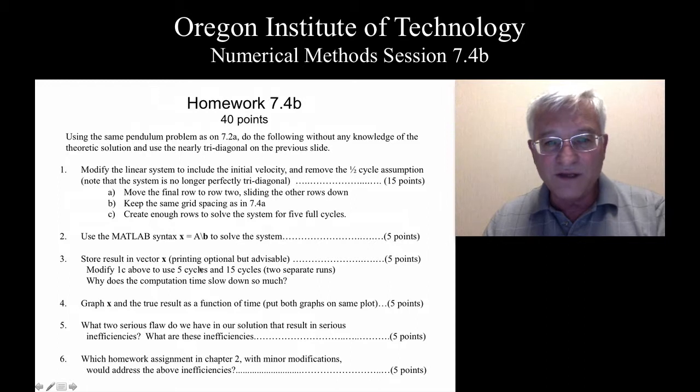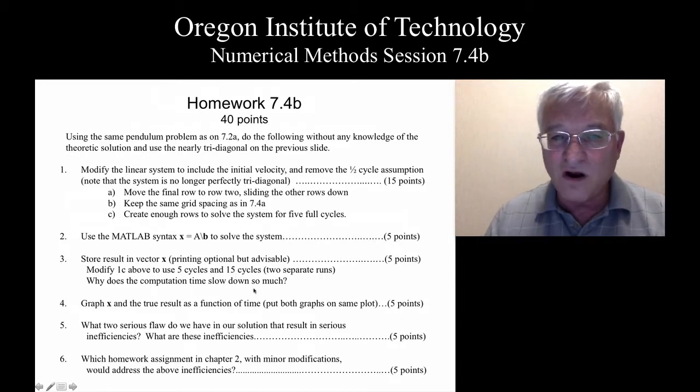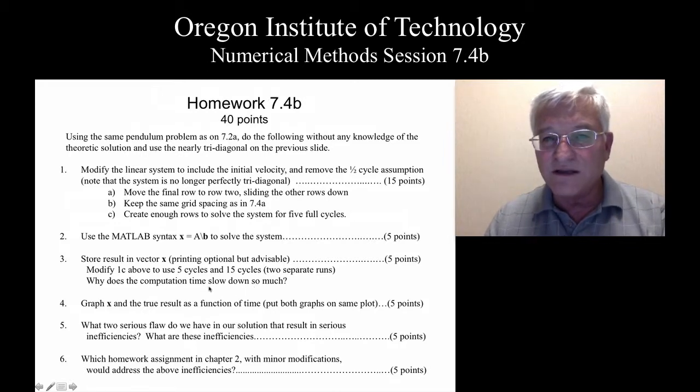After you solve it, I want you to try it again. You've already done it at 5 cycles. I want you to try it again at 15 cycles. And I want you to ask yourself, did the program seem to work harder at getting that job done? And I need you to give me a reason for why it's slowed down quite a bit. You should notice that.